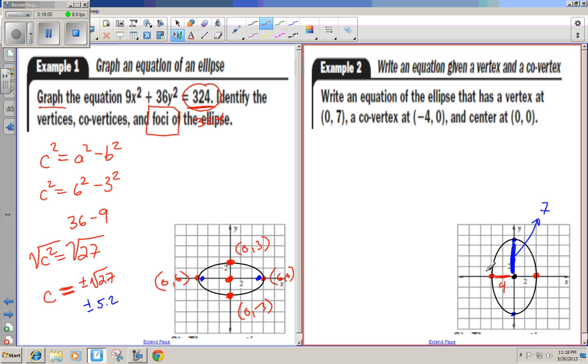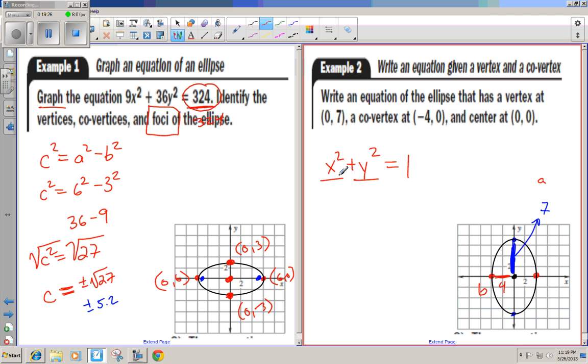And for vertical ellipses, if a is the vertical one, so this is a, and this is b. And now we go ahead and write your equation.